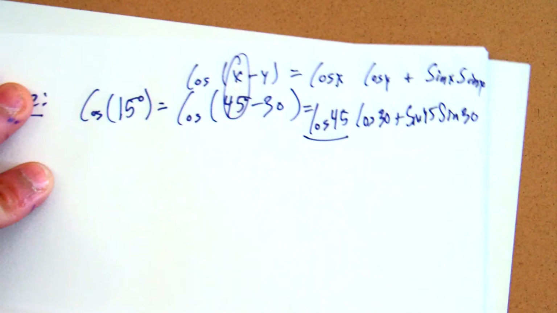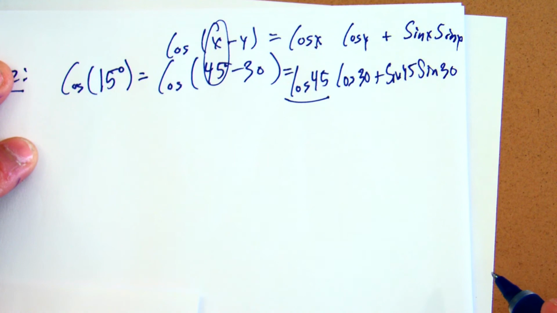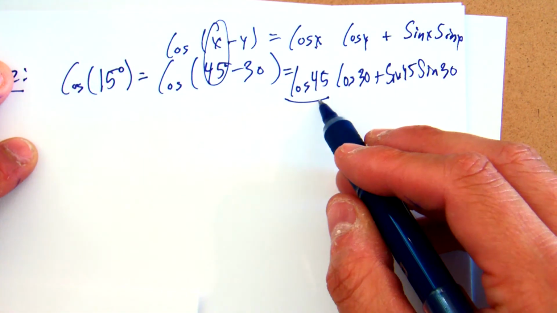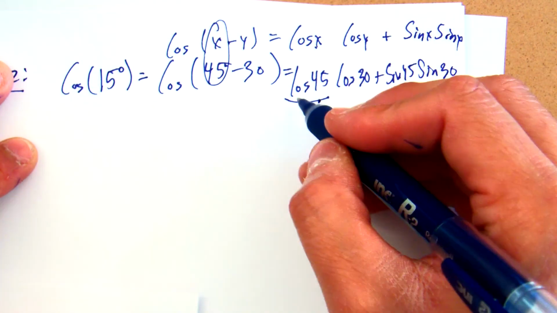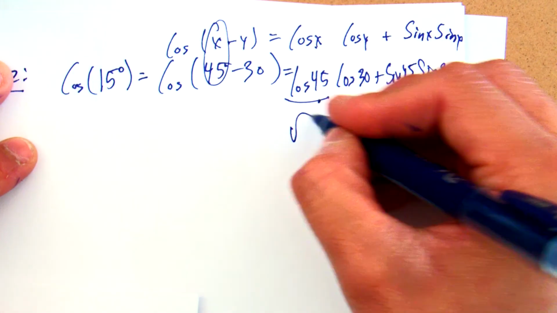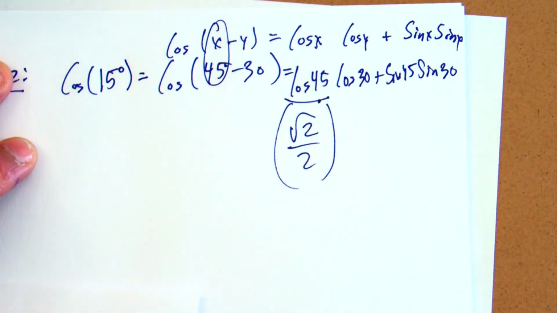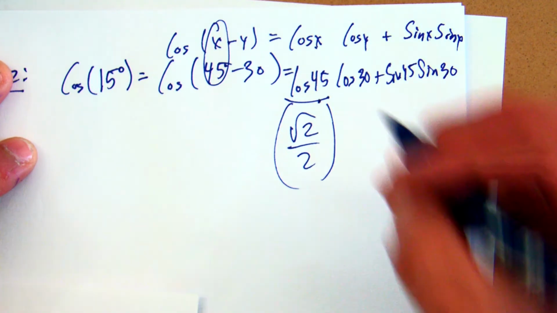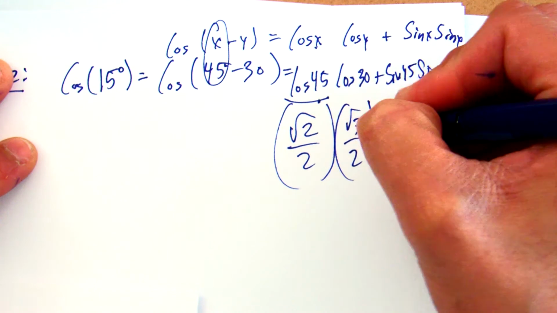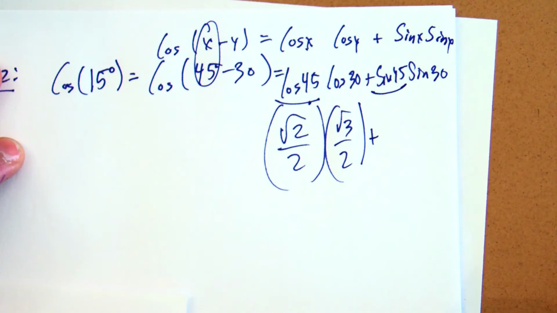What's cosine of 45? Yeah, remember, any cosine or sine of that one is always root 2 over 2. What's cosine of 30? It's either 1/2 or root 3 over 2. Which one? It's root 3 over 2. Plus, what's sine of 45?